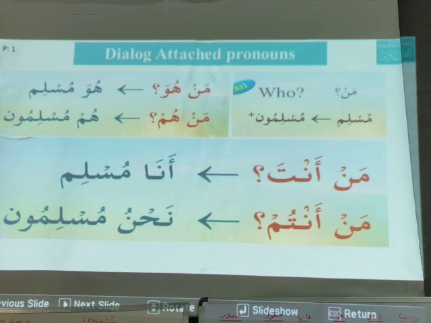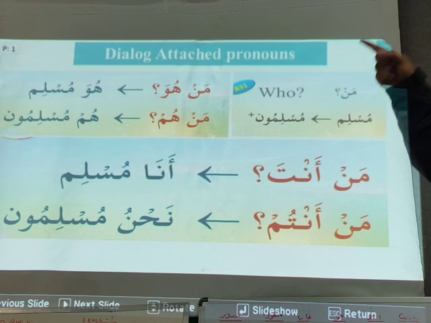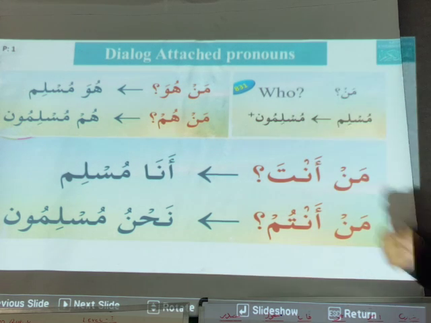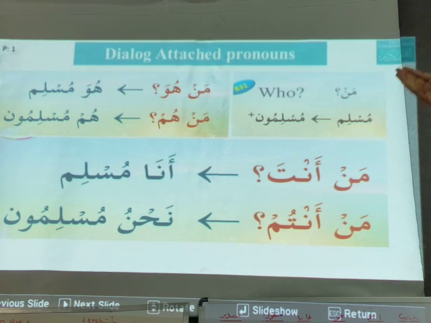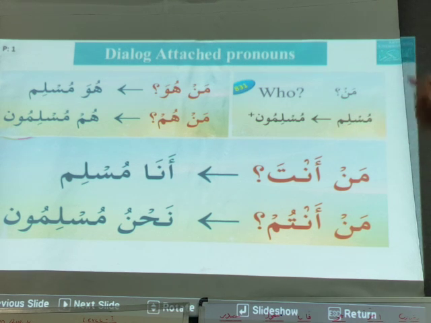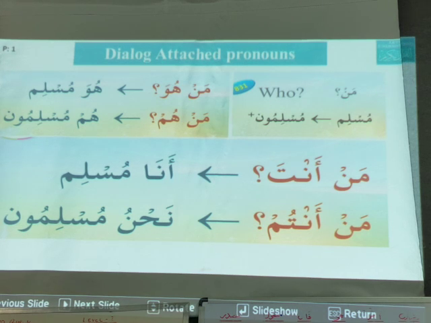Then his answer is huwa Muslim. So again, man huwa, huwa Muslim. Again, man huwa, huwa Muslim. And then the same for hum. If we do man hum, the answer is hum Muslimun. Hum is plural, so Muslimun will be plural. Okay, let's say you only ask the question, they will answer.